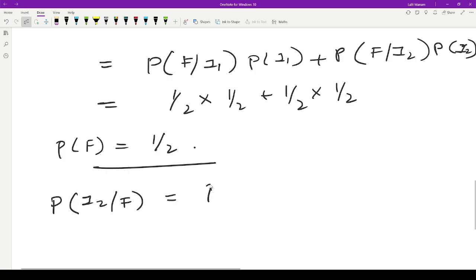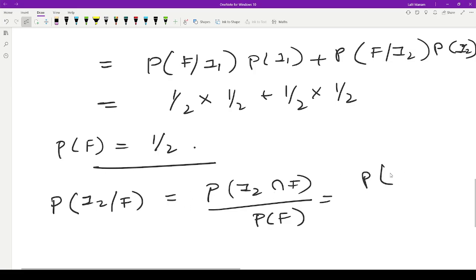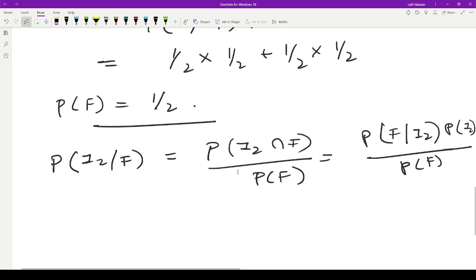So how can this be written? Probability of I2 intersection foreground divided by probability of foreground. So how can this be written? Probability of F given I2 into probability of I2 upon probability of foreground. Okay, so we need the calculation that we did before.